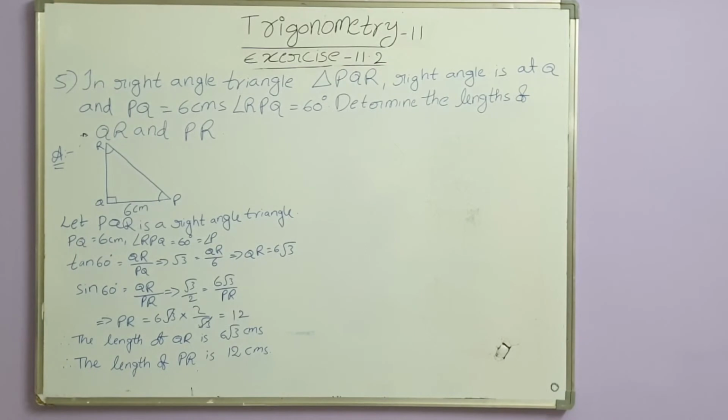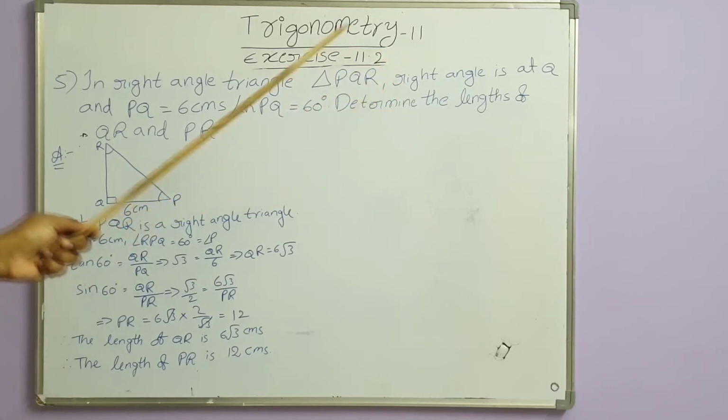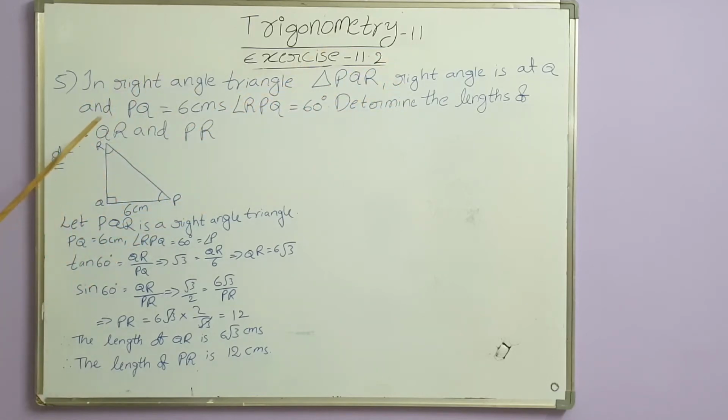In this fifth question, in a right angle triangle PQR, the right angle is at Q and PQ is equal to 6 centimeters. Angle RPQ is equal to 60 degrees.